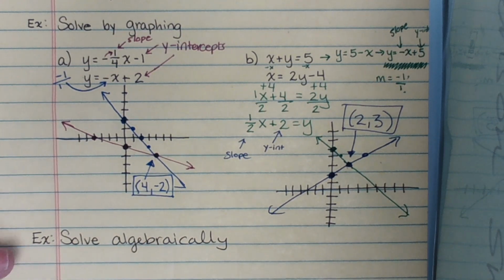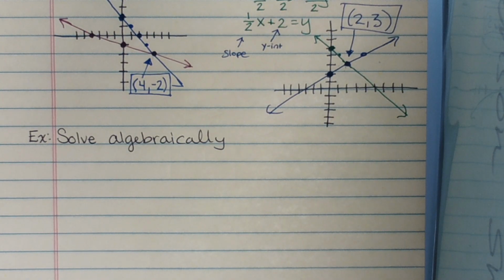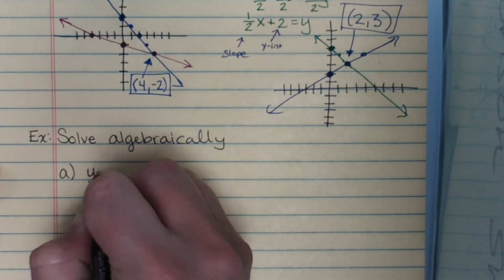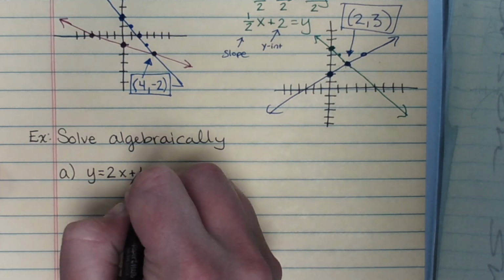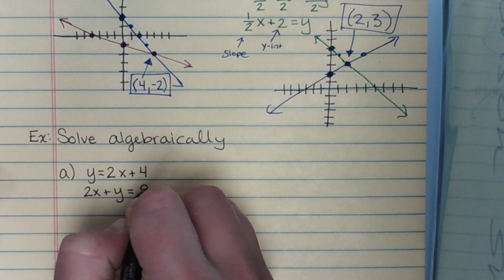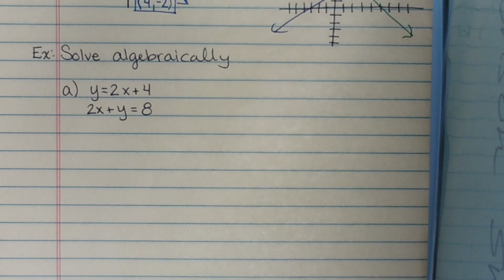Especially since solving by graphing isn't great if your answers are decimals, because it doesn't understand how to give you decimals. So more commonly, we're going to solve algebraically. There's multiple ways to solve algebraically. Today we're just talking about one of the ways to solve algebraically.